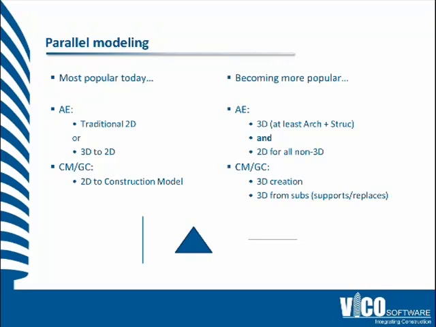And the GC CMs are then having to fill in the gaps potentially. There could be some reworking of those models, and we'll talk about that in a minute. And also, we're trying to substitute, replace some of the model data by having subcontractors create their models, mostly the MEP trades creating all of their models. So this delta is moving us from the parallel to the single modeling approach.